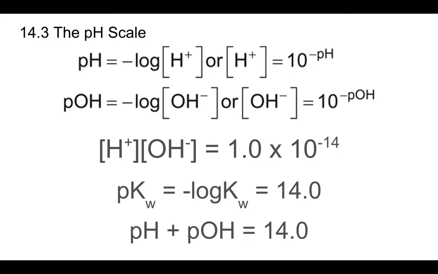So you can kind of see that we've been scratching around on the edges of the pH scale. The pH scale actually stands for the power of hydrogen ion, that's why it's a lowercase p and an uppercase H, power of hydrogen, pH.